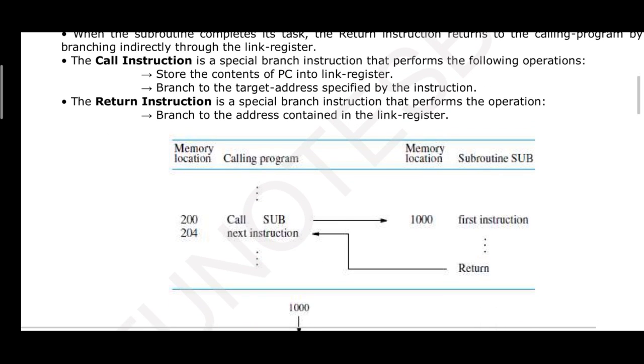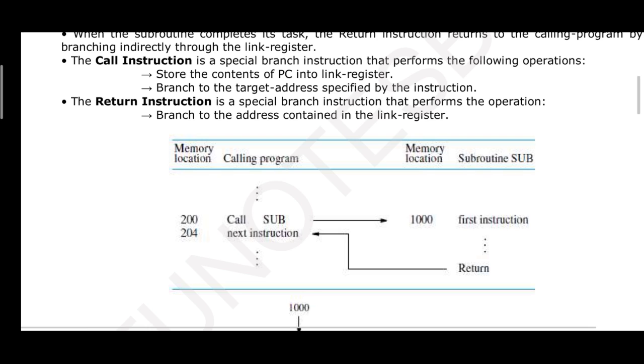Here is a sequential program. Memory locations are identified using numbers. At location 200 there is a call instruction, followed by a label, as I told you earlier. SUB is a label where this subroutine is written, at location 1000.